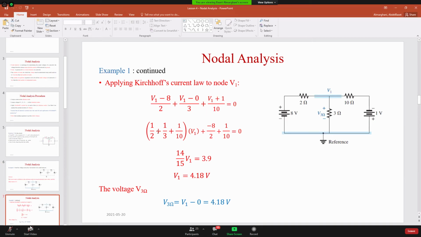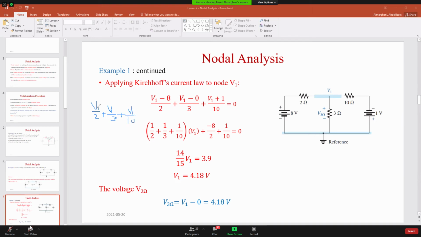This is another way to solve it. You either multiply by the least common multiple to get rid of the fractions, or you take a common factor as well. So common factor here, I did V1 over 2 and V1 over 3 and this is V1 over 10.